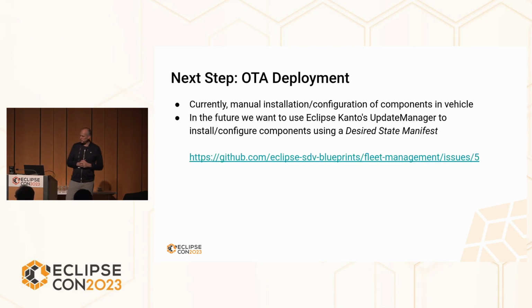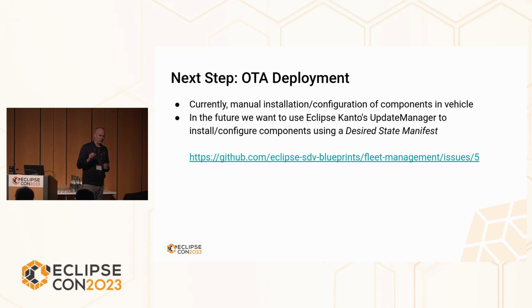So another step that we are thinking about is, how does the software actually get into the vehicle? So in the setup that I've shown you, I basically did everything manually. I opened a remote shell to get into the vehicle, to copy some configuration there, some data, started the containers there.